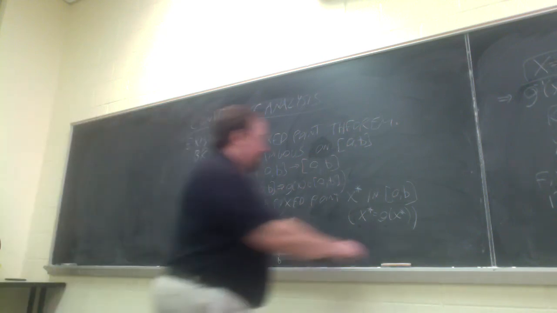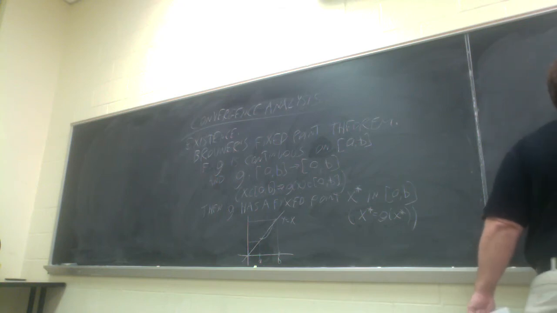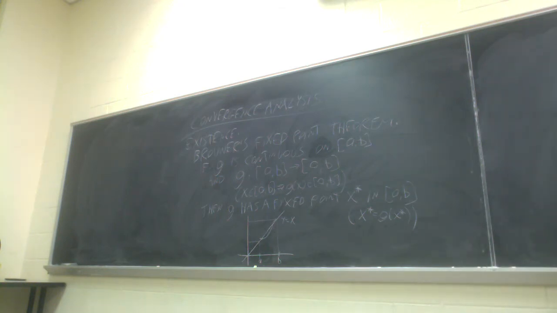Okay. So that's the start. But now we need to impose additional conditions on G in order to ensure that a solution is unique or that fixed point iteration will actually converge.